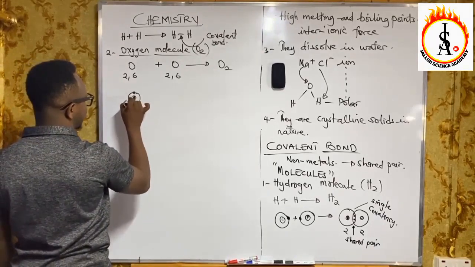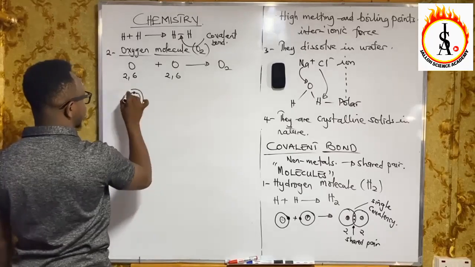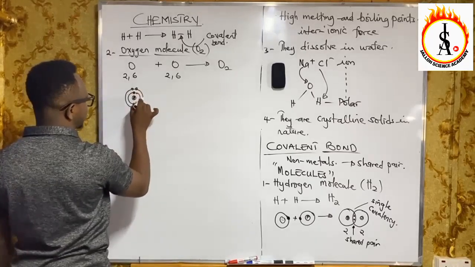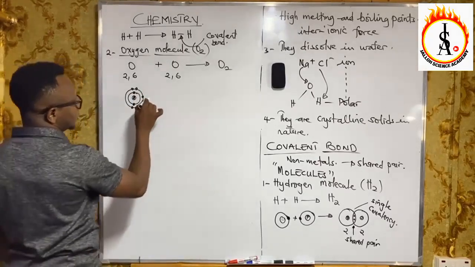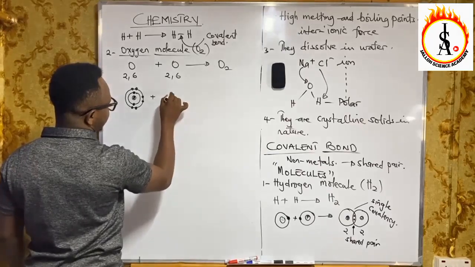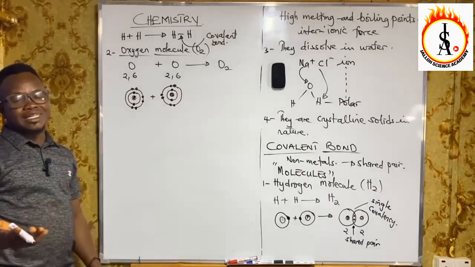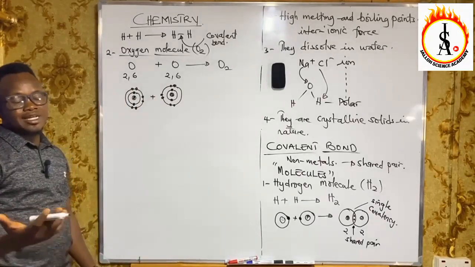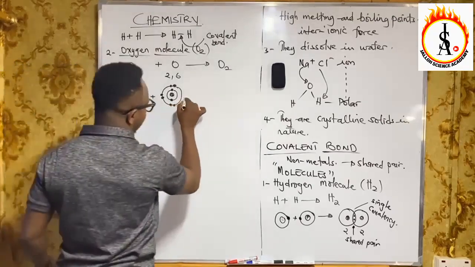The first shell takes up 2 electrons. The second shell takes 6 electrons. This will combine with another similar oxygen atom. This atom wants to attain stability by attaining the configuration of a noble gas. Similarly this one.